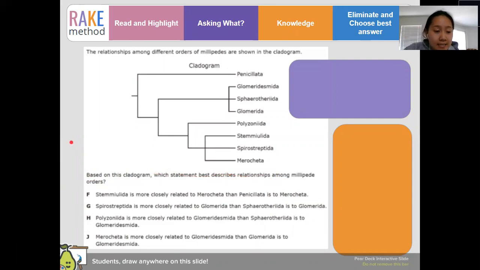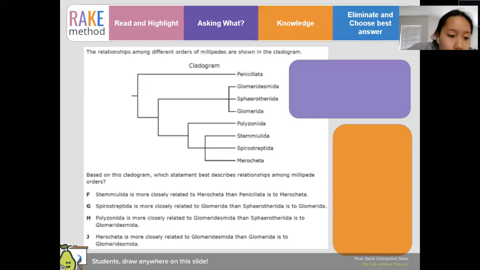Is the answer F? Stemmiulida is more closely related to Marocchida than Penicillata is to Marocchida. Okay, being able to read the names isn't super important as long as you can recognize them inside of the diagram. G says, Spirostreptida is more closely related to Glomerida than Spirobolida is to Glomerida. So you're making comparisons here of how closely related different pairs of orders are.